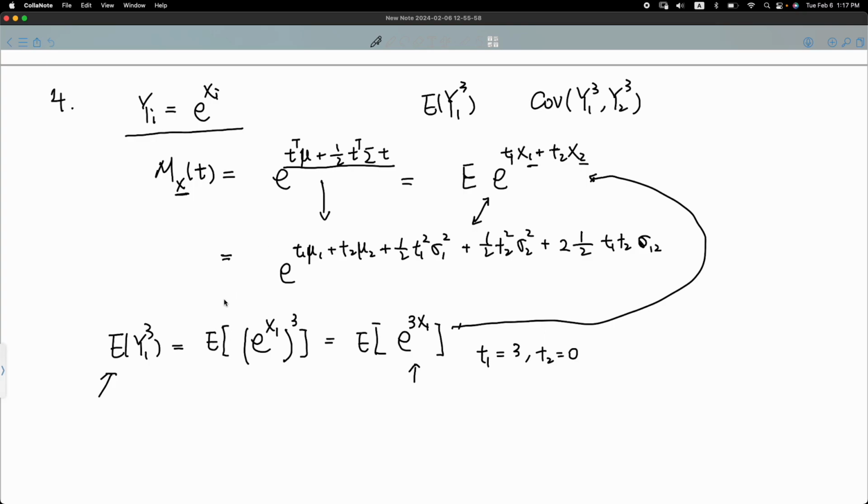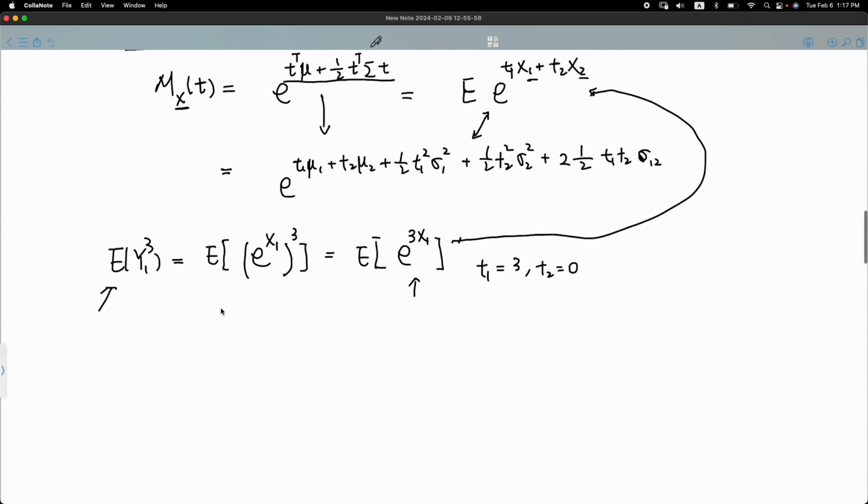Okay, then the rest is just plug in. So, using this form here, let me just erase all these things.